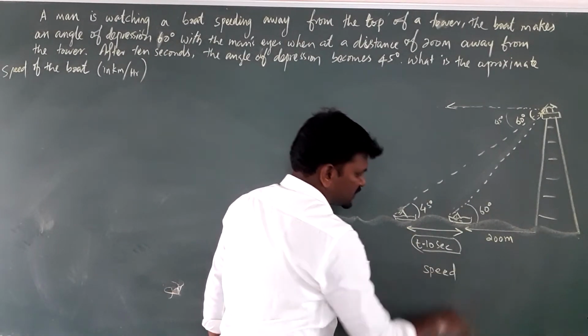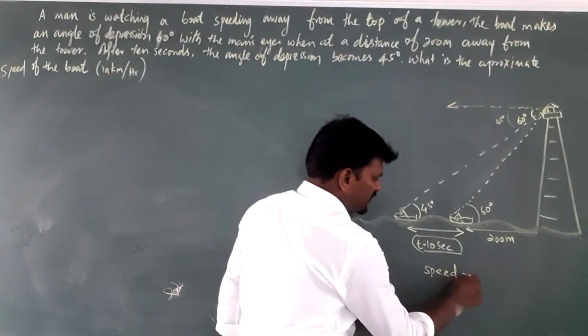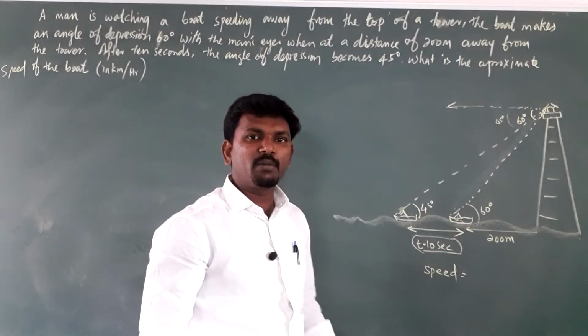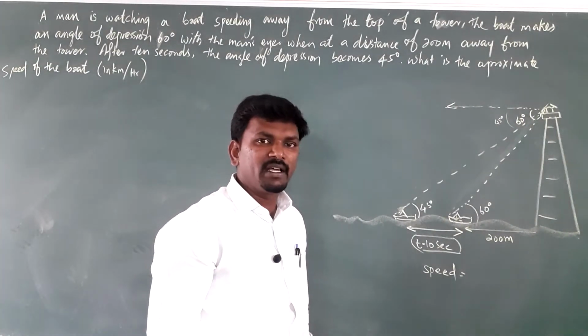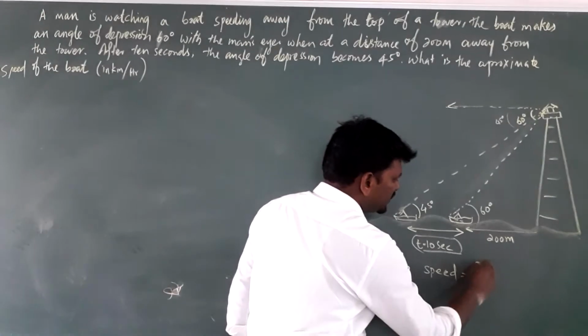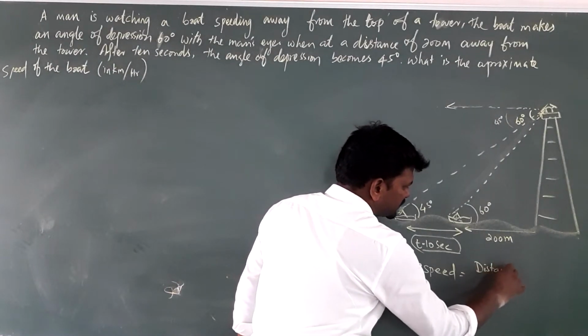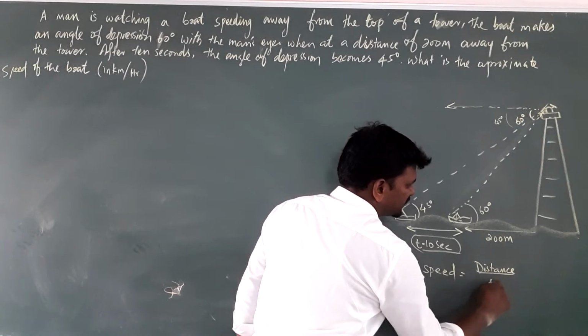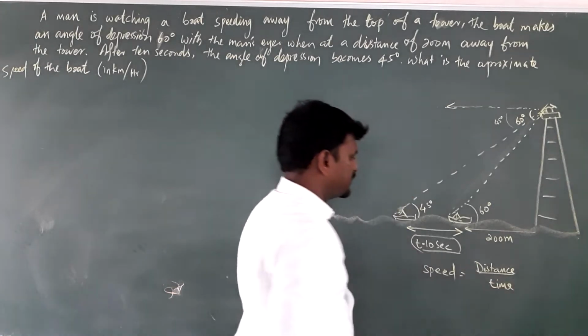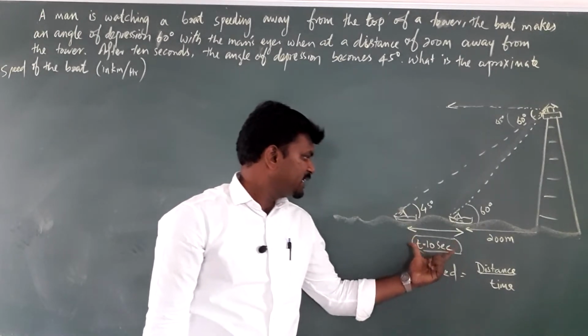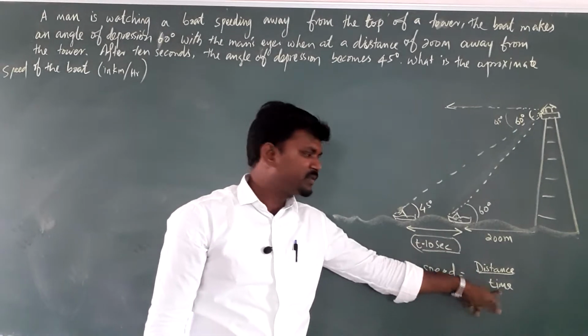So if you want to find the speed, what is the formula to find speed? Speed is equal to distance by time. So already here time is given.